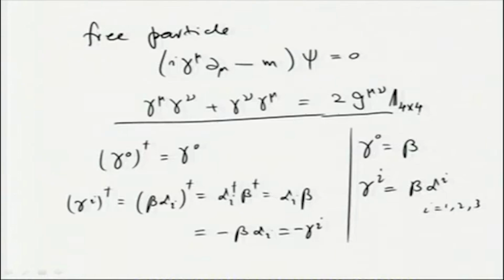If you get confused, please write that each time there. It is similar to having a 4 by 4 unit matrix multiplying m, so that you can add the two terms in the Dirac equation. You cannot add two different quantities.